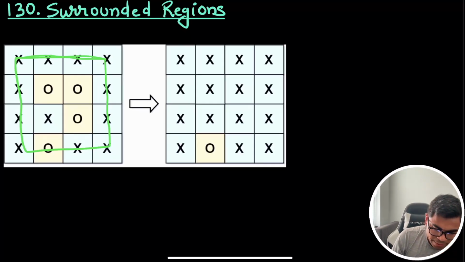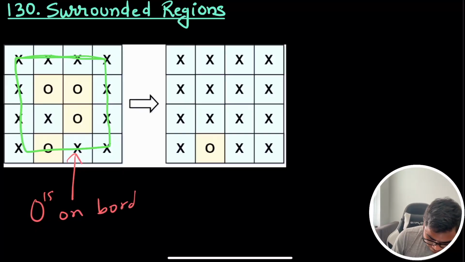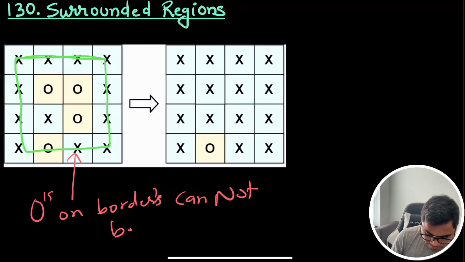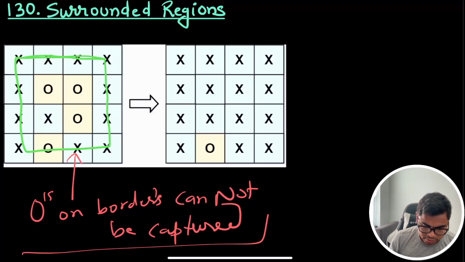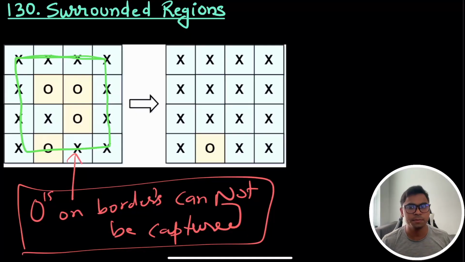cannot be captured. All O's on the border cannot be captured. Well, this is the solution right here. Trust me. Why?